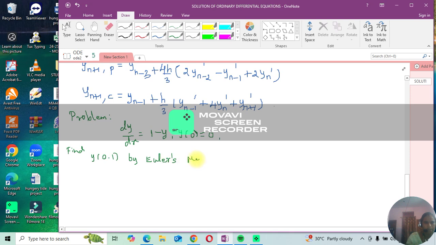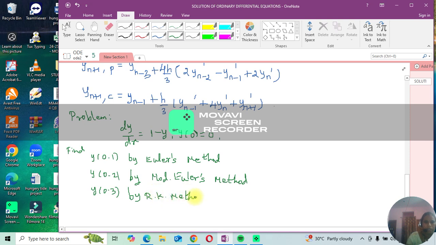So Euler's method, and y of 0.2 by modified Euler's method. Then y of 0.3 by the fourth order RK method, that is Runge-Kutta method.